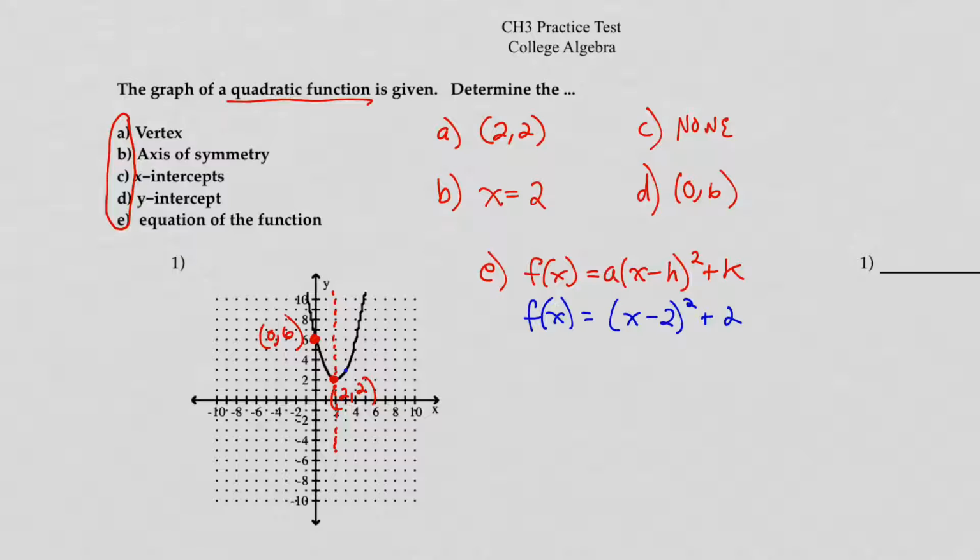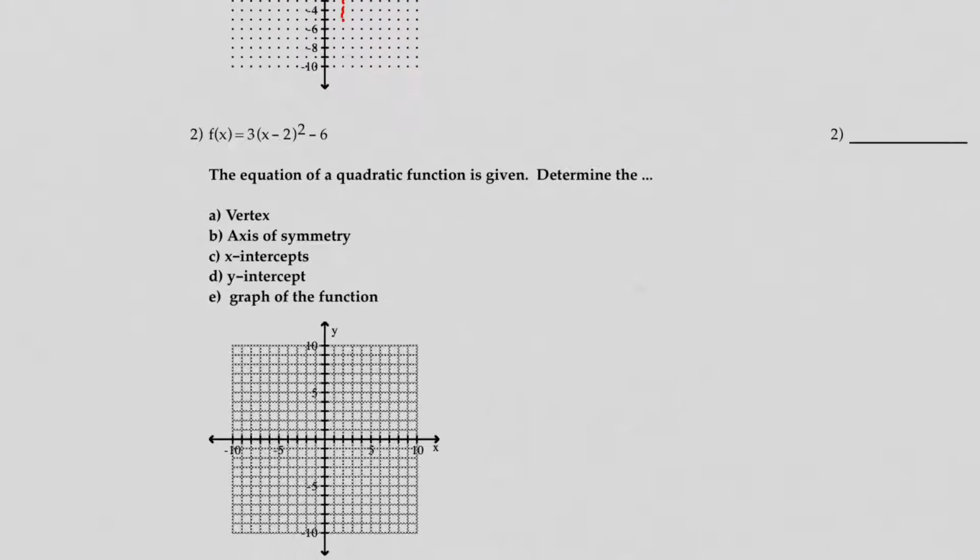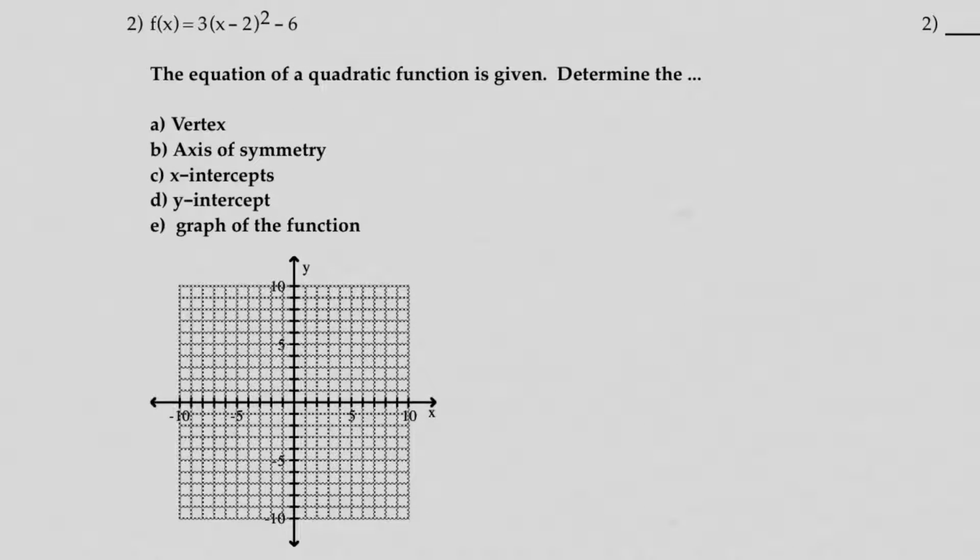So now let's go to one where we do not have the graph, and we have to produce all this information ourselves, and then last of all graph it. All right, so let's go to number 2. Number 2, here's the equation, and so we can quickly identify the h right here and the k right here.